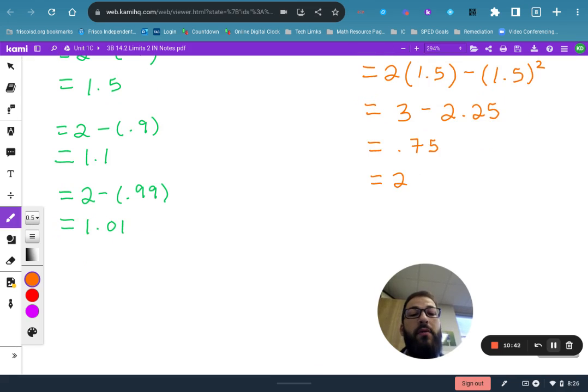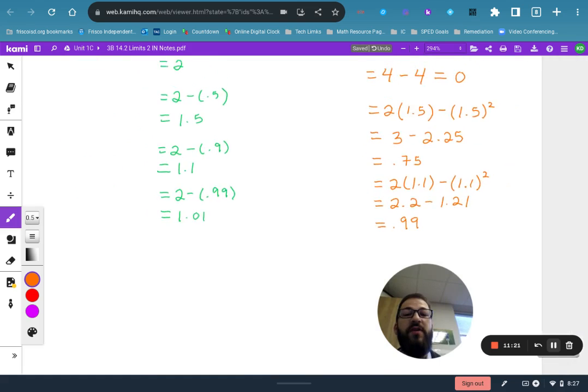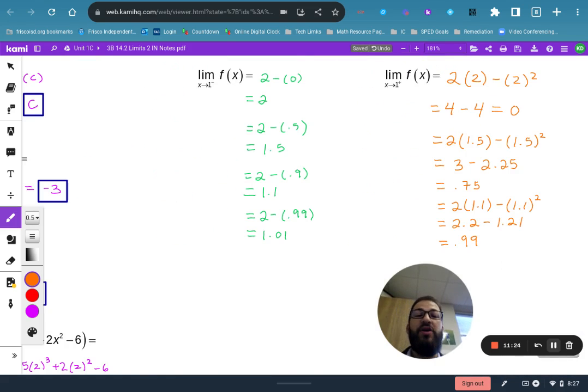If I did 2 times 1.1 minus 1.1 squared, that would give me 2.2 minus 1.1 times 1.1, which is 1.21, which would give me 0.99.